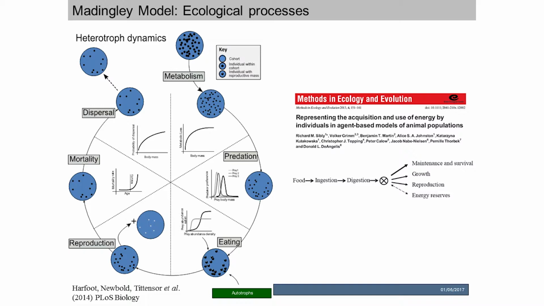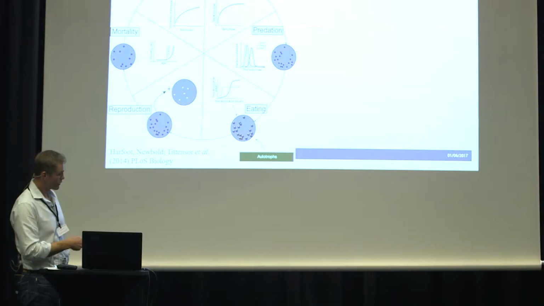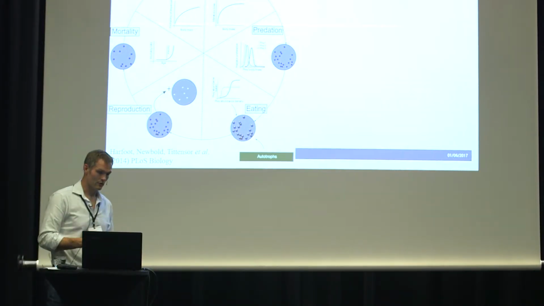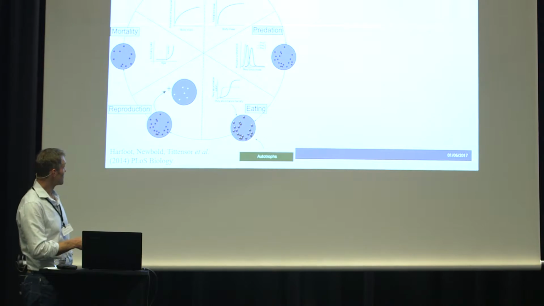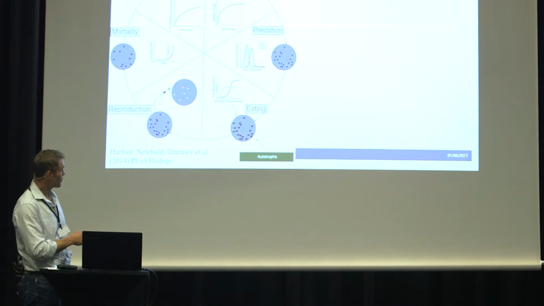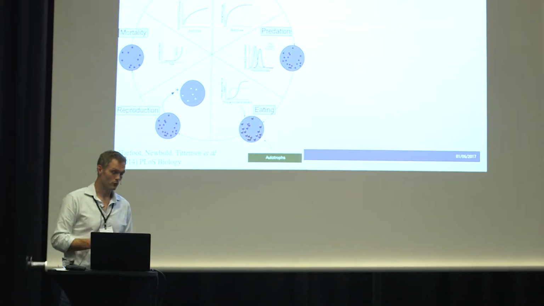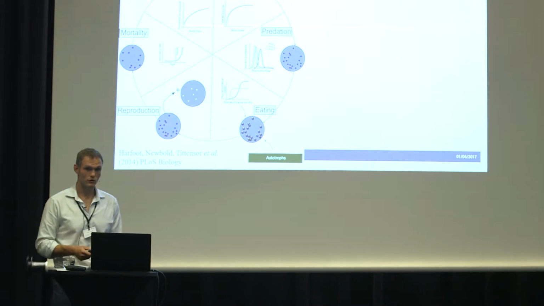So organisms metabolize, which means a loss of their biomass. They're burning off biomass to provide energy for their maintenance. And we model that using the metabolic theory of ecology, so primarily as a function of their body mass, but also of the ambient temperature for ectotherms.